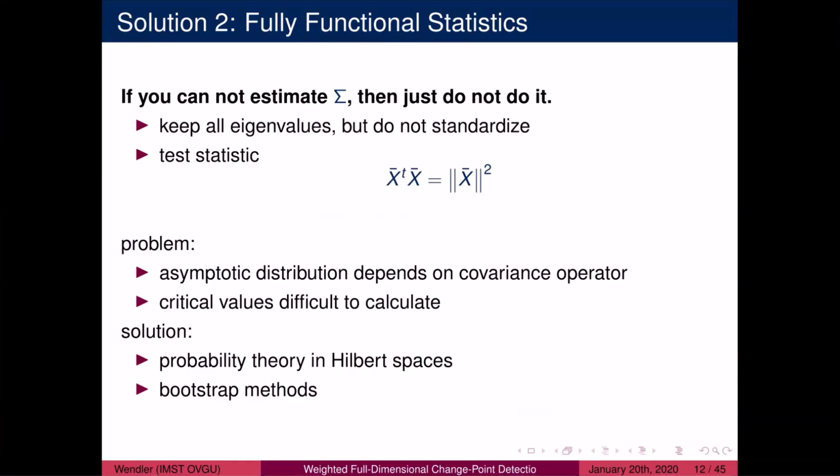This is the inner product, like the scalar product of the mean with itself. So you estimate how large the squared norm of your sample mean is. This is a reasonable test statistic to test whether your expectation is zero or not. And you don't have to do all this estimation stuff.